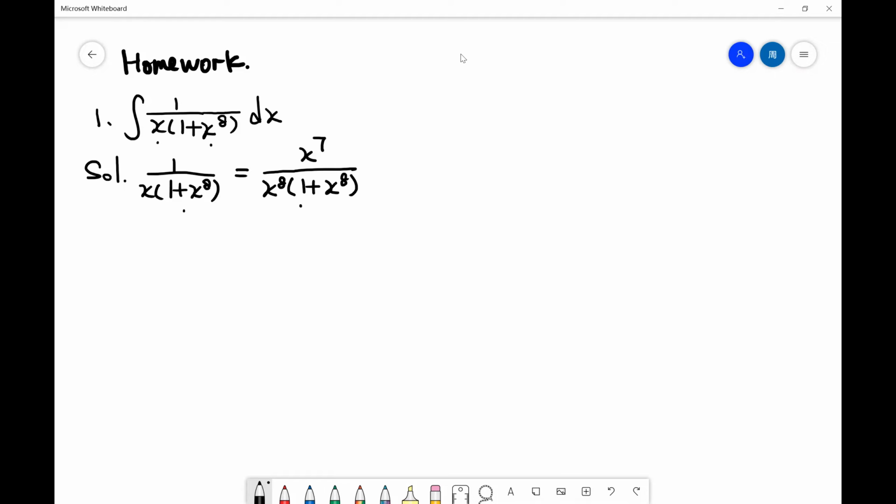Because x power 7 and x power 8 cancel to give the thing we want, right?